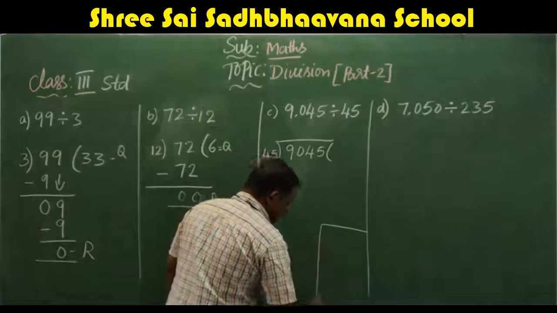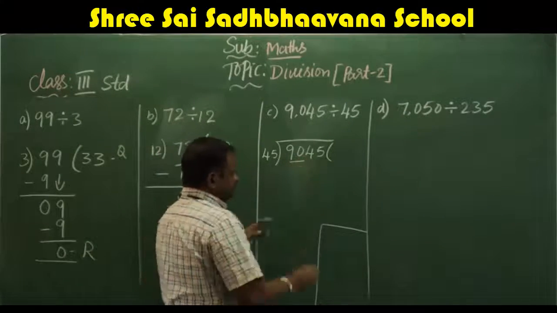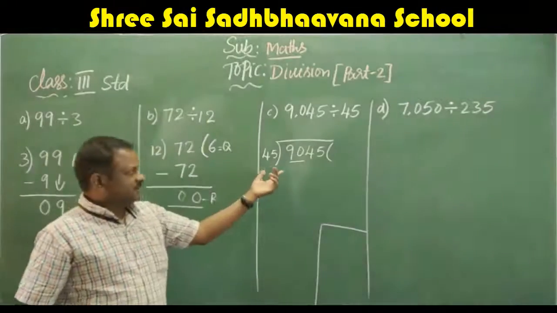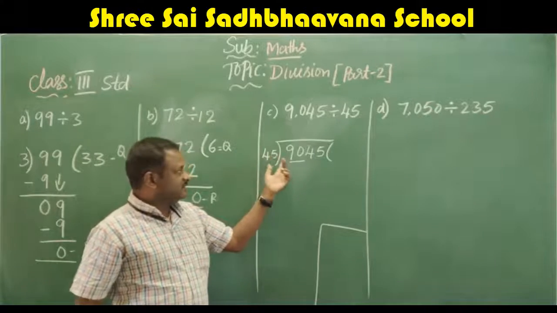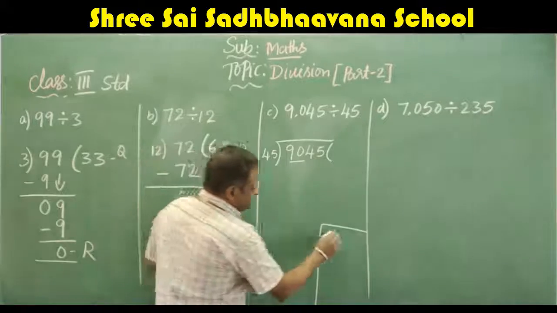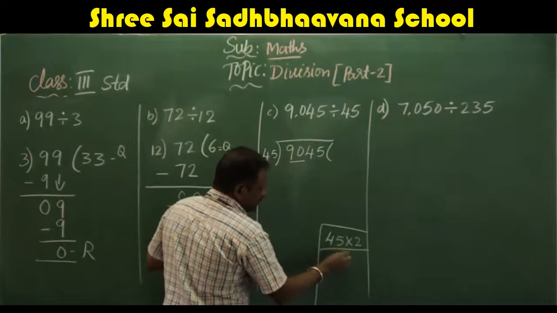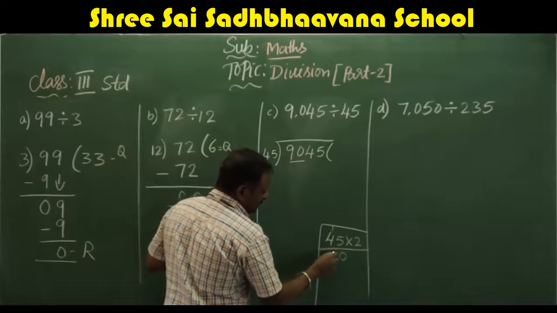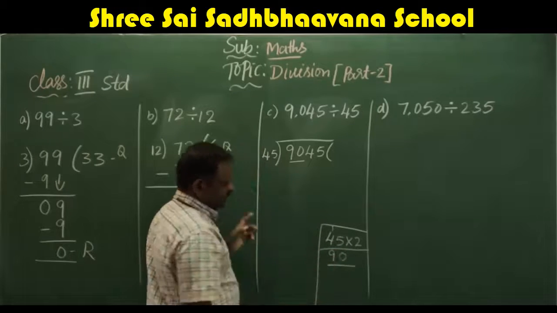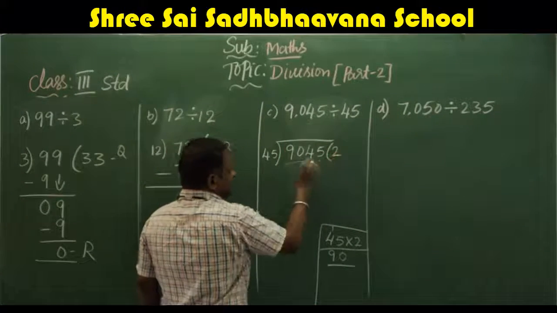First, you take 90, because the first digit 9 is less than 45. So you take 90. 45 into 2: 2 fives are 10, carry 1. 2 fours are 8 plus 1, 9. 45 twos are 90.